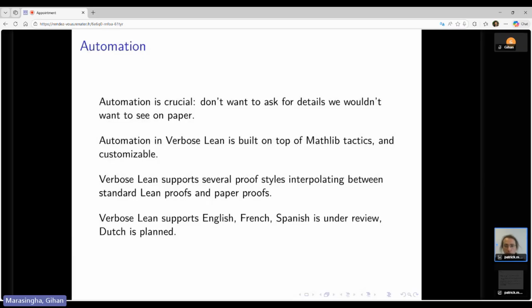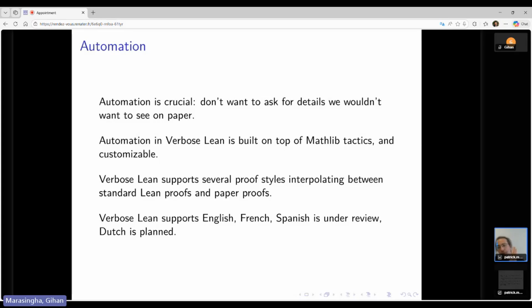I forgot to say, I'm using Verbose Lean in French because I'm teaching French undergrad students, so there is no way I can teach in English or use English sentences as Lean proofs. Verbose Lean is an internationalization framework for tactics, messages and error messages.